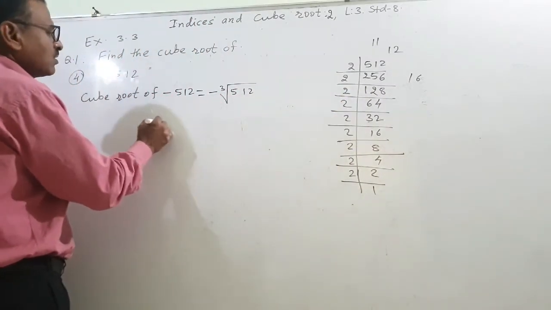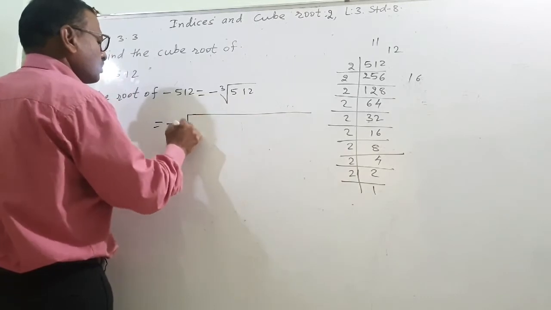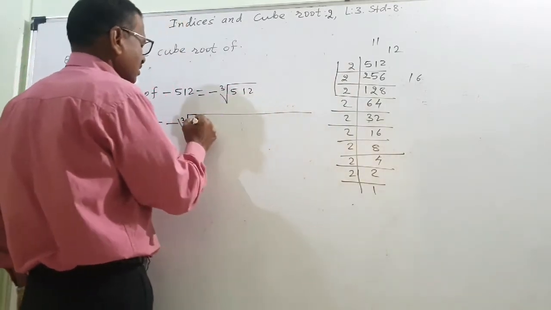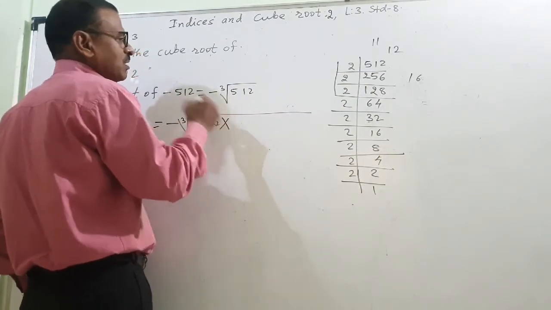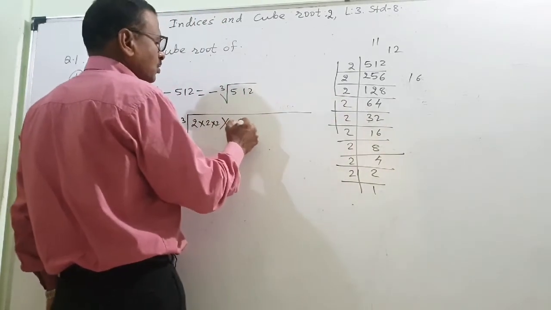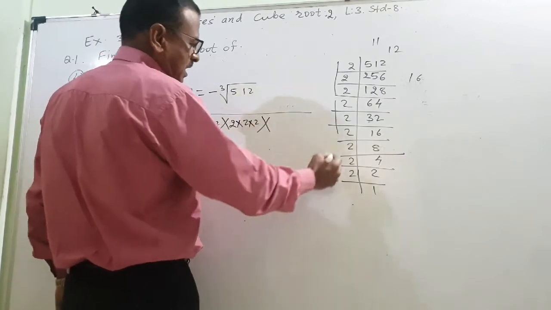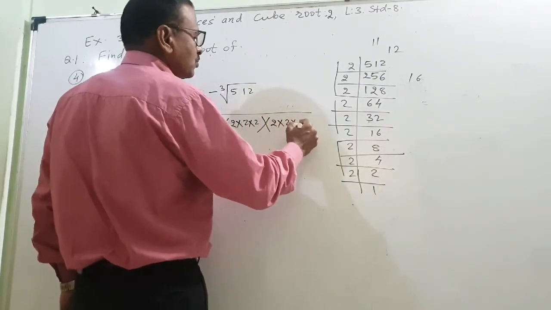So this is equal to minus cube root of this I will write. These 3 I will take: 2 into 2 into 2. Give the bigger multiplication sign. Now this 2 into 2 into 2. Give the bigger multiplication sign and then the last 2 into 2 into 2.